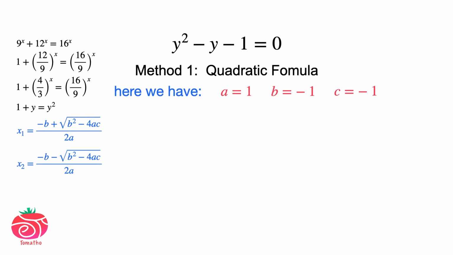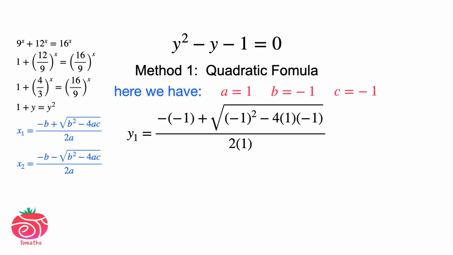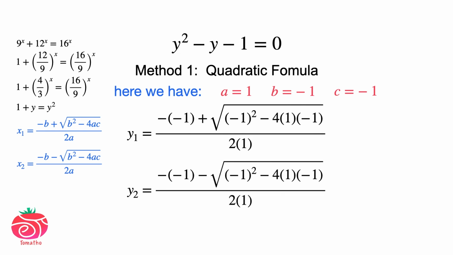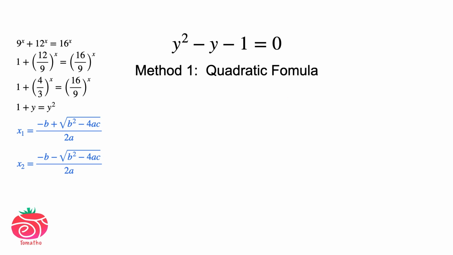Plugging these values into the formula and calculating, we get y1 equals (1 plus square root of 5) over 2, and y2 equals (1 minus square root of 5) over 2. These two are the roots or solutions of this quadratic equation.